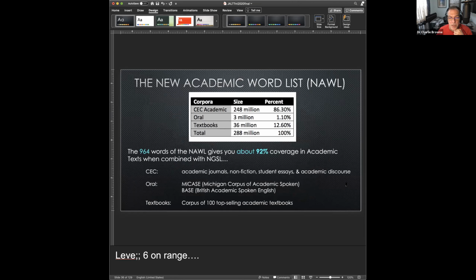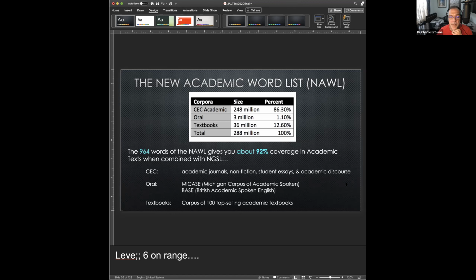The corpus is 288 million words in total. 248 of it is from the Cambridge English academic subsection, but we also put in 3 million words of oral academic English, split down the middle between British academic spoken English and American academic spoken English.